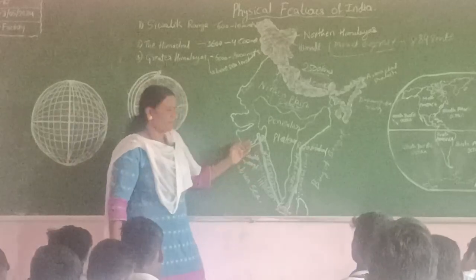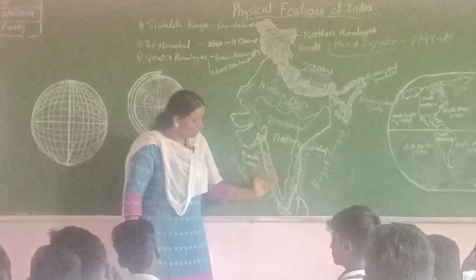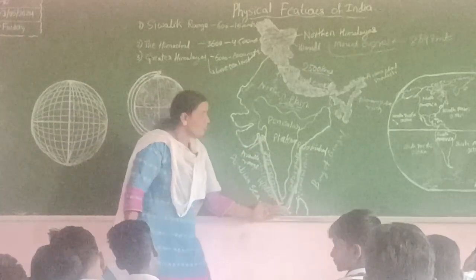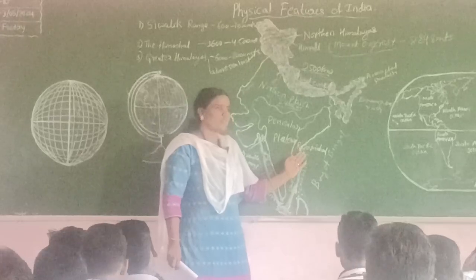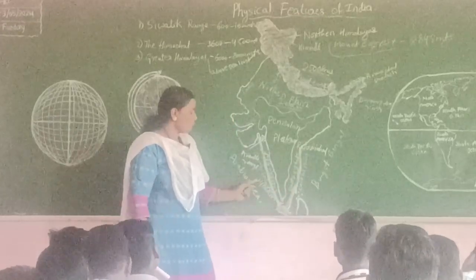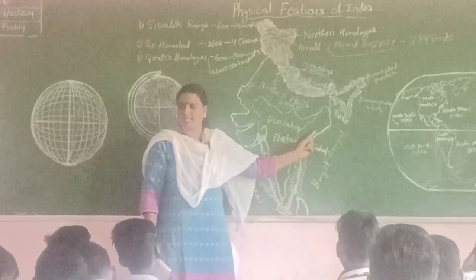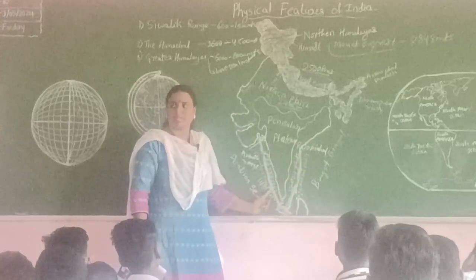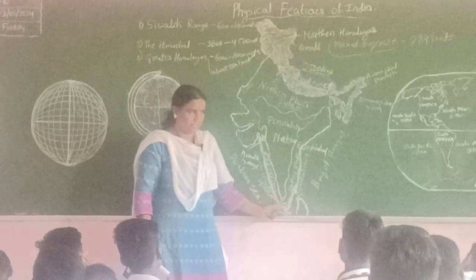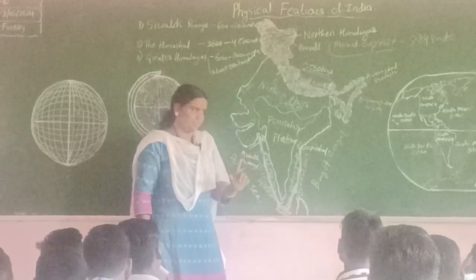See here, from the west, Aravalli Hills to Kanyakumari, Kanyakumari to the Eastern Ghats, Rajmahal. The distance from the Western Ghats to the Eastern Ghats is about 1400 kilometers. Keep it in your mind.